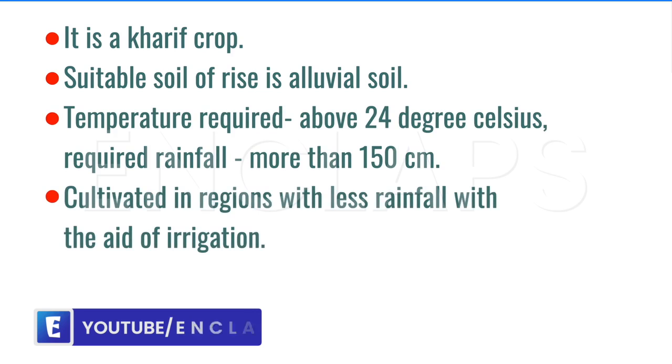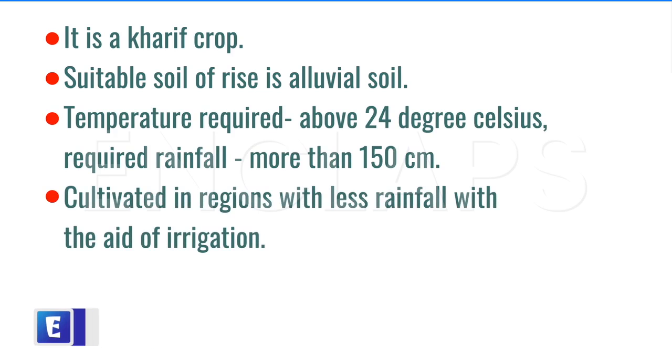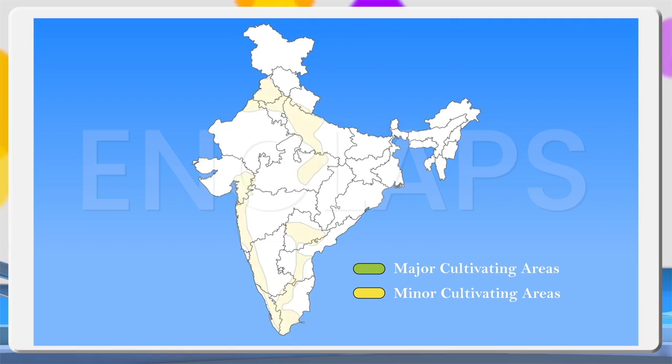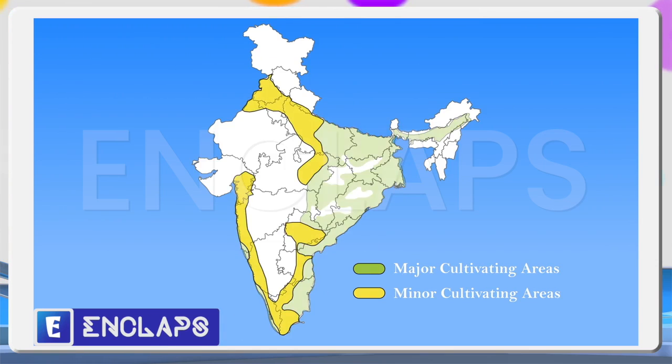Rice is cultivated in regions with less rainfall with the aid of irrigation. The cultivation regions in India are river basins, coastal plains and terraces along the slopes of the Shivalik ranges. This map shows the paddy cultivation area in India.